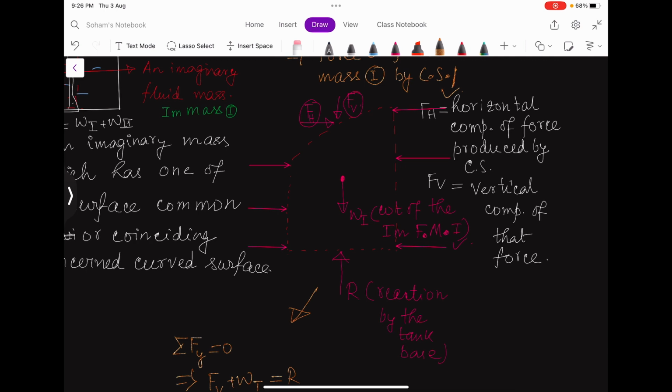So one force is this one, that is Fh, by the surface on the fluid mass. Another forces are the pressure forces. So if I consider this part only, the pressure force is nothing but what?